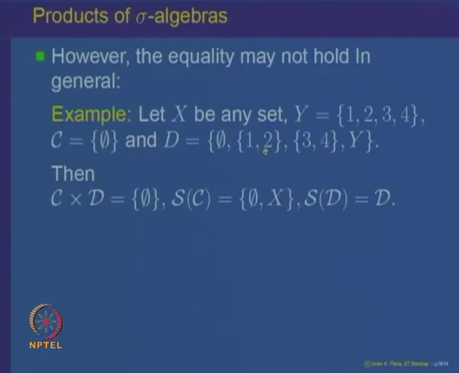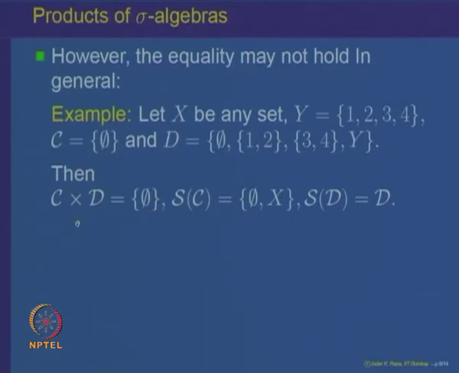The complement of {1, 2} is {3, 4}, the complement of {3, 4} in the set Y is {1, 2}, and the empty set and the whole space are there. So, D in itself is an algebra. So, the sigma algebra generated by D is, because it is a finite collection, the algebra itself, that is equal to D. And if we look at the rectangles generated by C and D, the first component is always going to be the empty set, that means C cross D is just the empty set.